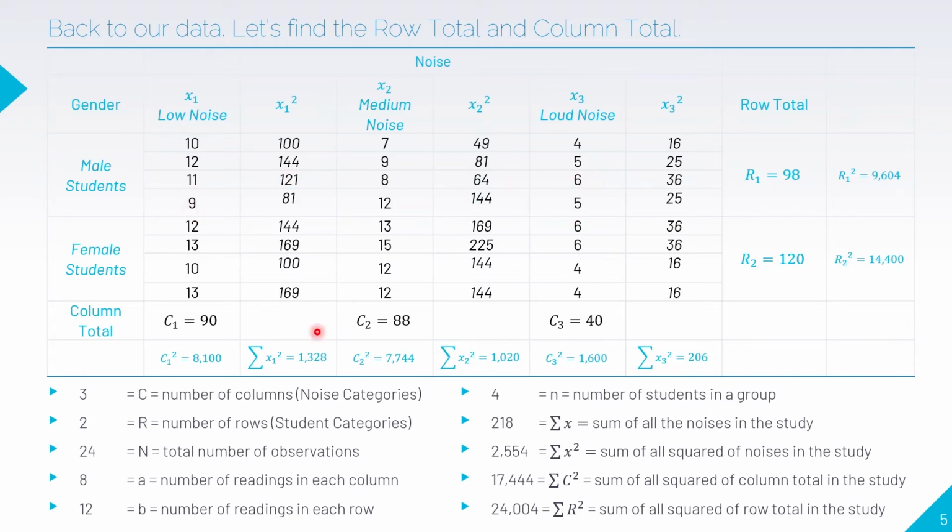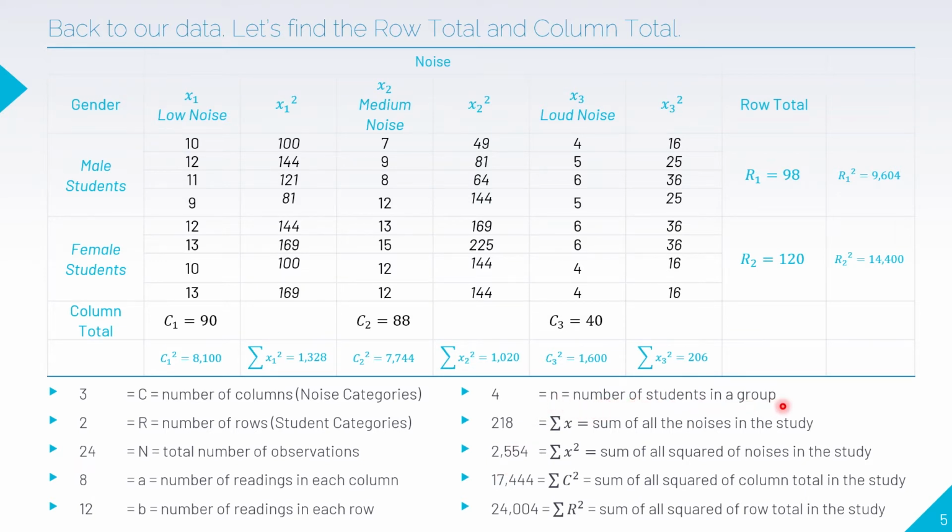So 4, 8, 12. Same as this one, 4, 8, 12. So 12 each, and that totals our total number of observations, the 24. Then our small n is the number of students in a group.